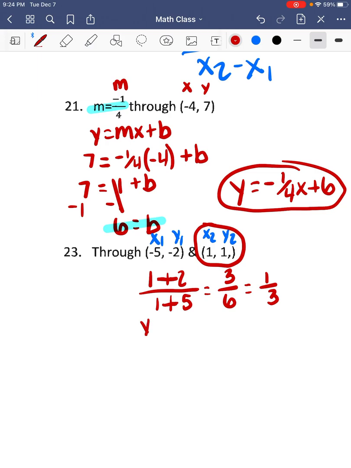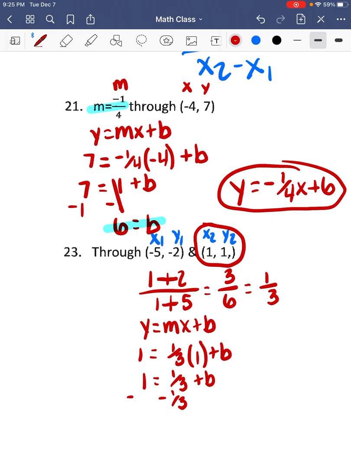You are going to plug these into the y equals mx plus b equation. So 1 equals 1/3 times 1 plus b. This is going to end up being 1 equals 1/3 plus b. We're going to subtract 1/3 from each side.